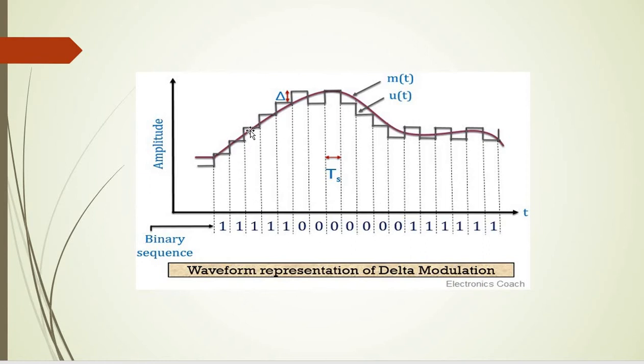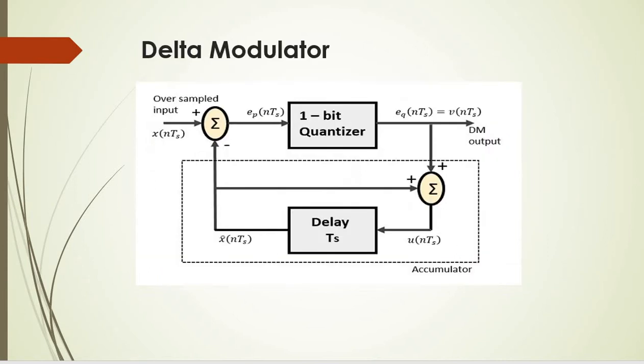We can see here, for this time duration, the stair-step waveform is greater than the original message, so a 1 is transmitted, and in this time duration, the stair-step waveform is less than the original message, so a 0 is transmitted. So upon comparison between the present data and its stair-step approximated value, a 1-bit equivalent of the sample is being transmitted. So this is a practical delta modulated circuit.